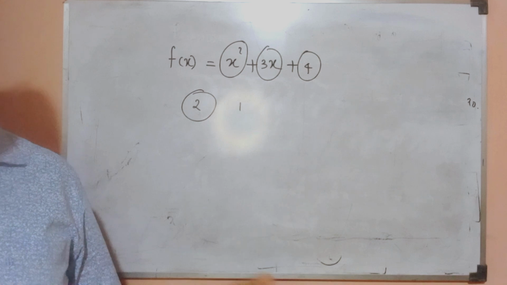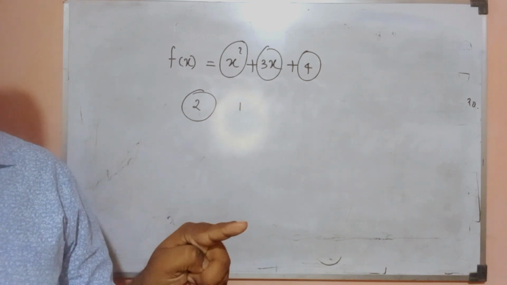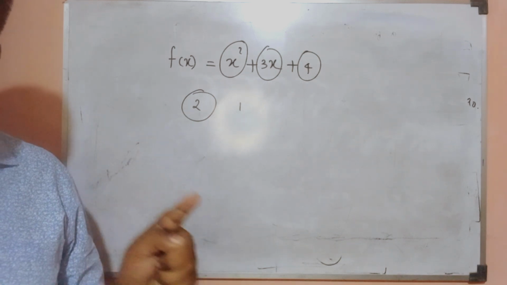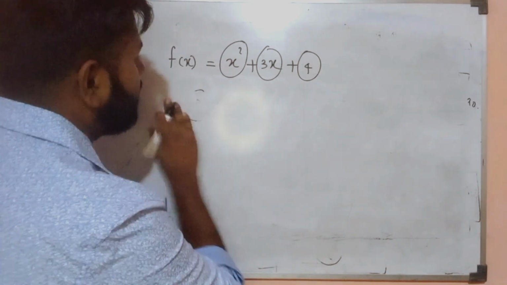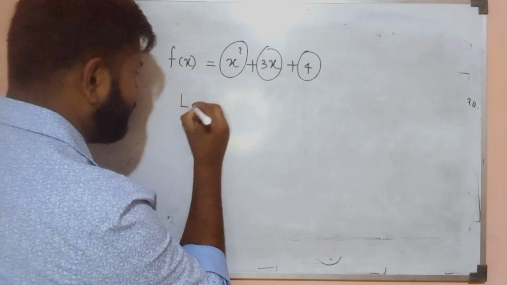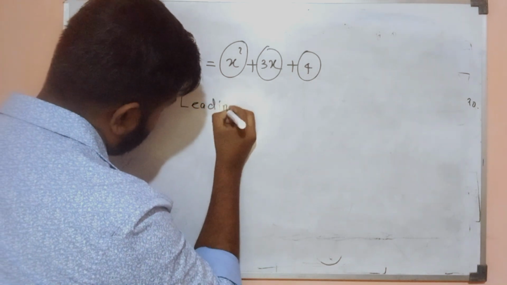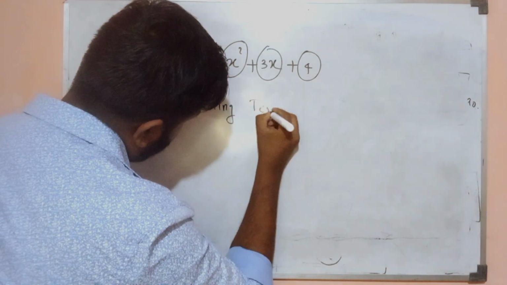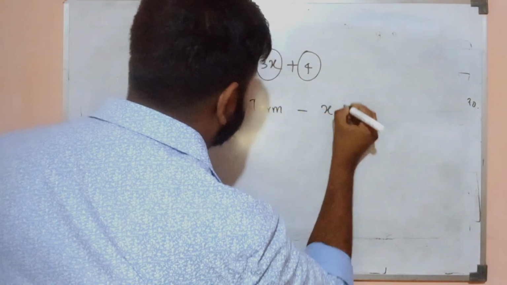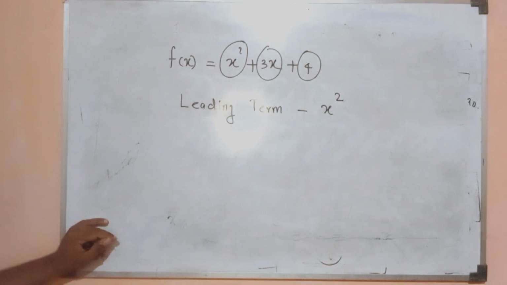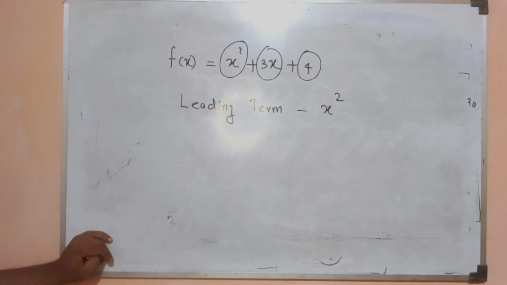The term with the highest exponent of the variable is called the leading term. Among the 3 terms given here, the leading term is x squared.